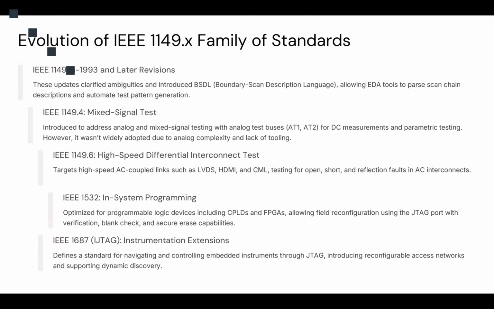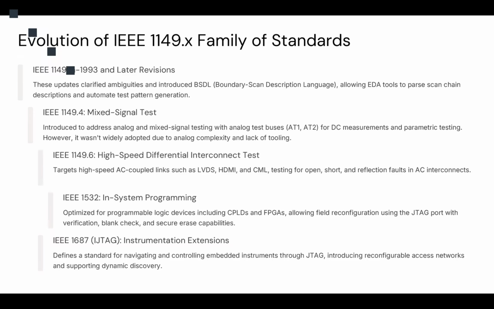Another standard relating to this category is IEEE 1532, which is in-system programming. That standard was developed for in-system programming of programmable logic devices, the PLDs or FPGAs. It supports the full programming flow: the arrays, write, and security features like authentication.